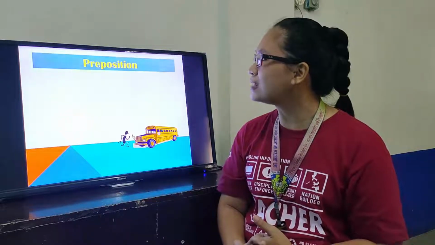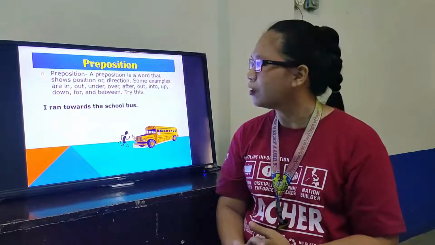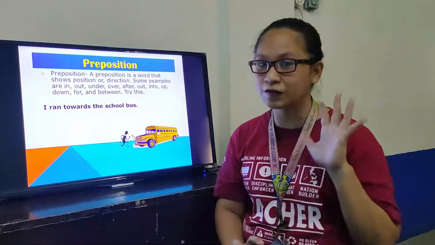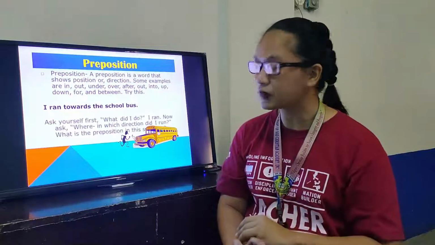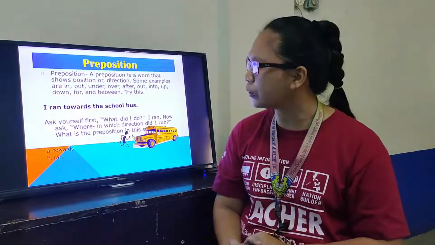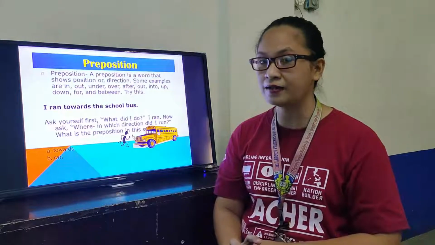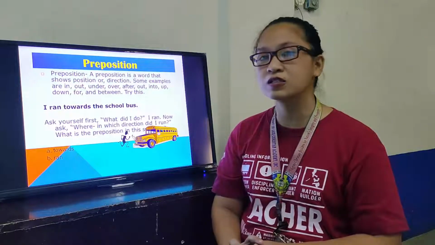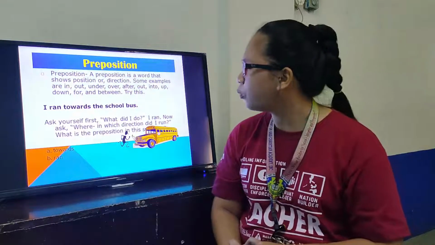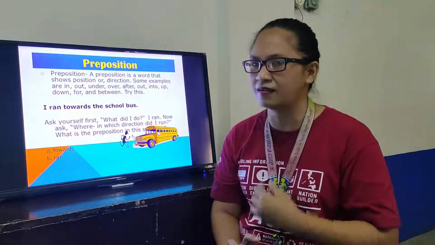Now let's have another sentence. I want you to help me identify the preposition for this one. I'll give you 5 seconds to answer. Let me read the sentence for you. I run towards the school bus. Again, I run towards the school bus. Where did I run?